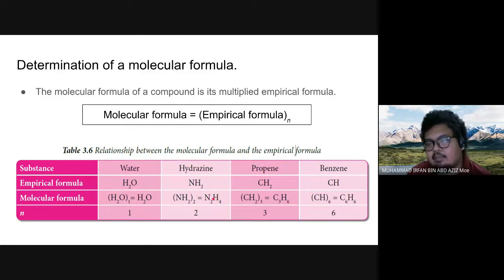So sometimes the question asks you to find the n. It will give the molecular formula, and then you need to find the n based on the empirical formula, or you need to find the empirical formula based on n. It is not very complicated compared to concentration and everything else we learned.